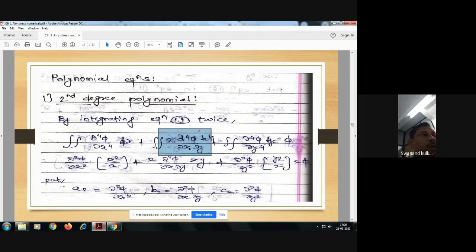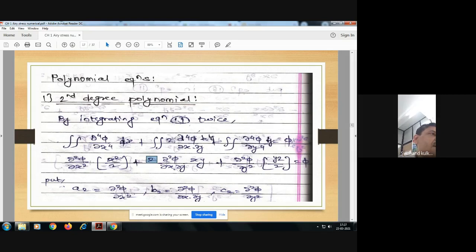Though it is not written here, obviously ∂x²∂y² is present. Is it okay? So in the first integration, its degree will reduce to ∂³φ, and one of the ∂x² will convert into ∂x. So 2 is the constant that will come outside the integration and will remain as it is.